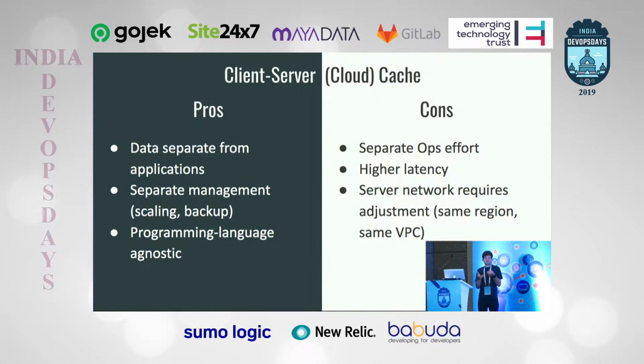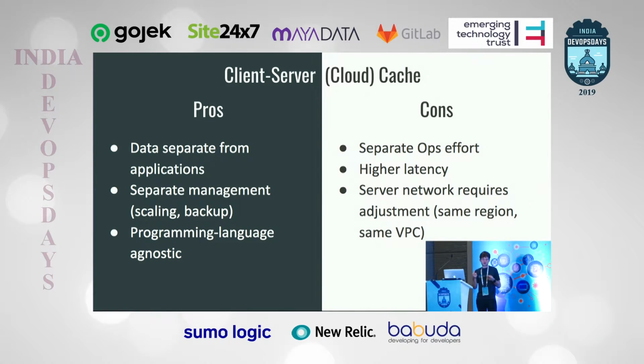That is why, when we prepared this Hazelcast Cloud version, while creating the cluster you choose the region and you choose the cloud provider, because if your application is running on AWS, you don't want to have your cache on GCP.